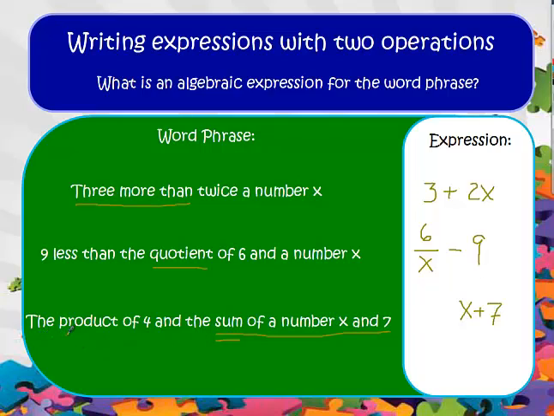The product means multiply: the product of 4 and this whole thing. We need to use parentheses to show it's this whole piece. So 4 times all of this. I can just put the 4 next to the parentheses, and this indicates multiplication. So this says the product of 4 and the sum of x and 7.